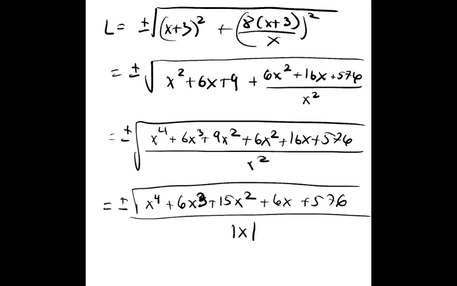Let's see, I'm going to use my calculator to see if I can find some of those zeros quickly. So I go to y equals, clear, and type in x to the power of 4, 6x cubed, 15x squared, 6x, and 576. Okay, I'm just going to look at the graph. No zeros, no simple zeros.